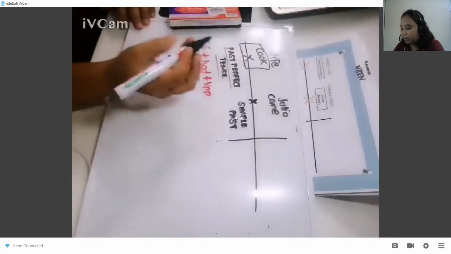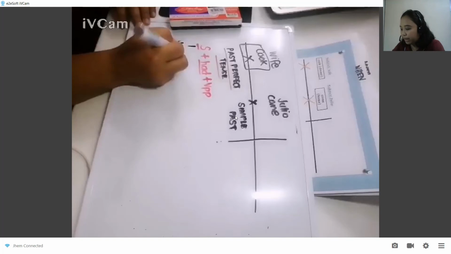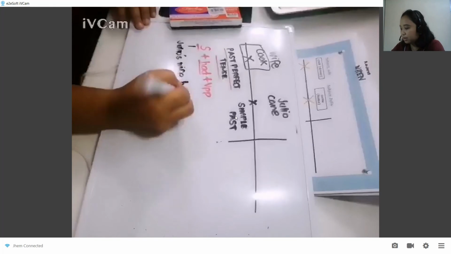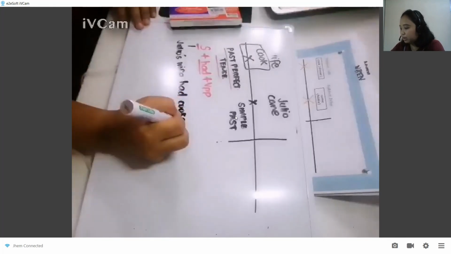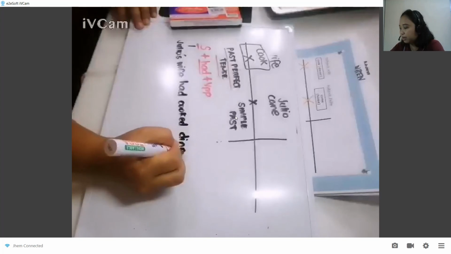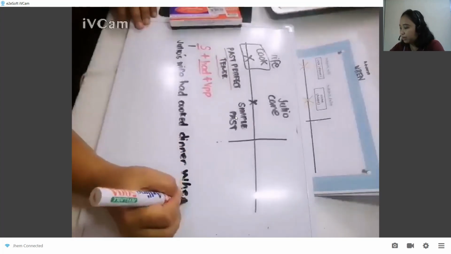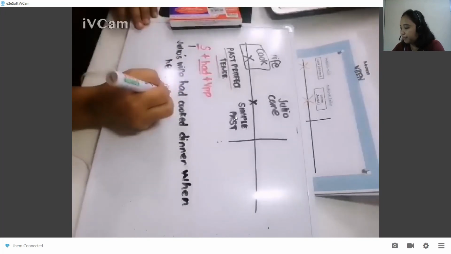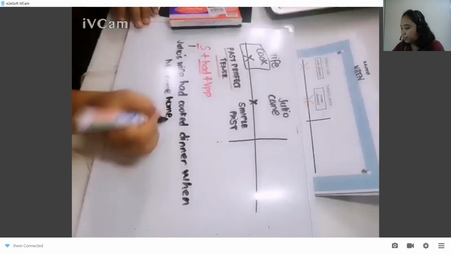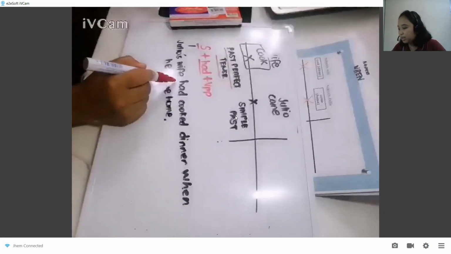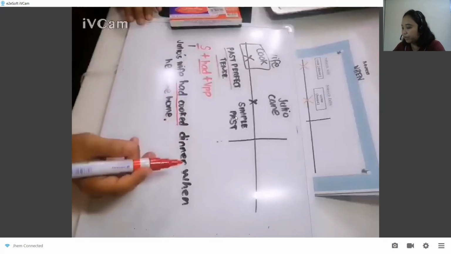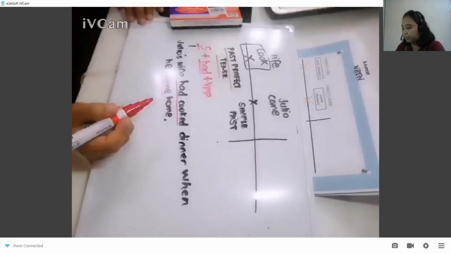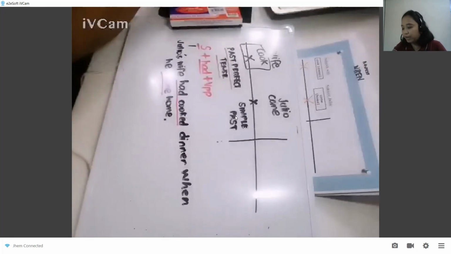So subject would be Julio's wife had cooked dinner when he, that will be Julio, came home. Notice, we made use of had and cooked for the first action and the simple past form for the next action. Again, we can turn this the other way around.